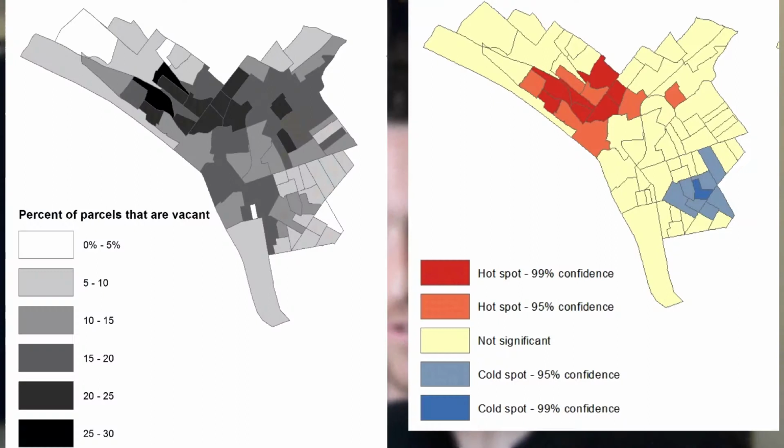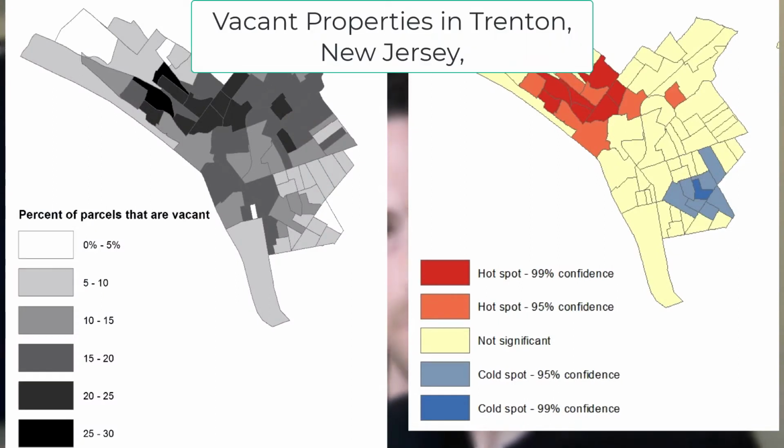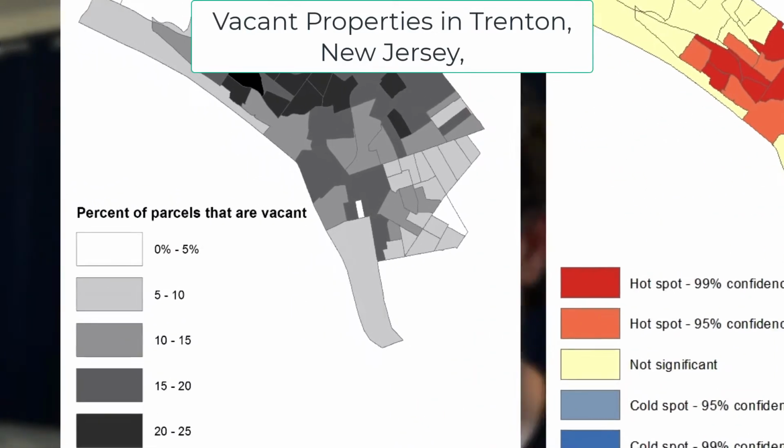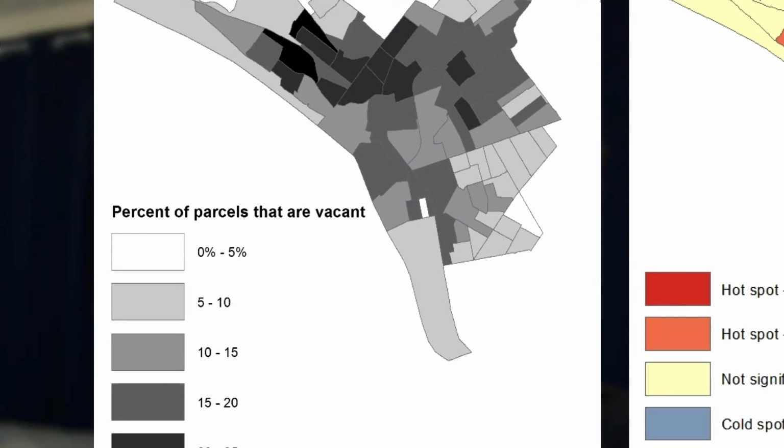Here's an example of what descriptive versus inferential statistics would look like in GIS. So you've got here on the left side a map of the city of Trenton, New Jersey, and these are neighborhoods in the city. Each neighborhood is symbolized according to the percent of parcels in that neighborhood that are vacant. So we take each neighborhood and look at what's the percentage of the properties in that neighborhood that happen to be vacant.